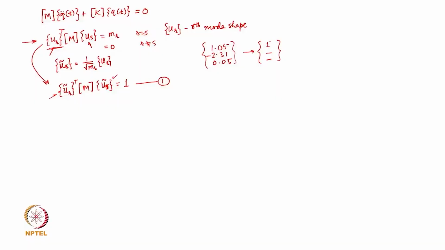This is going to be a very interesting equation, right. Now, on similar lines I can do it for the stiffness matrix. So, now if I use the mass normalized modal vectors, U_R tilde transpose into K into U_S tilde will be how much?